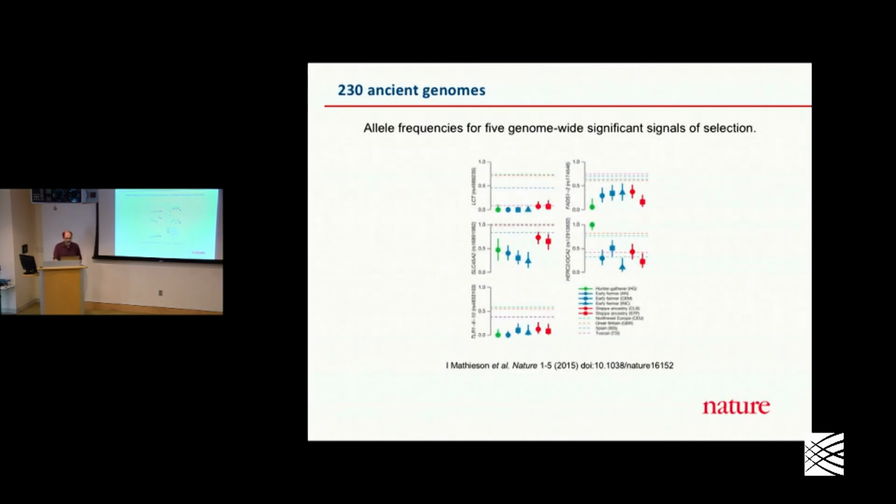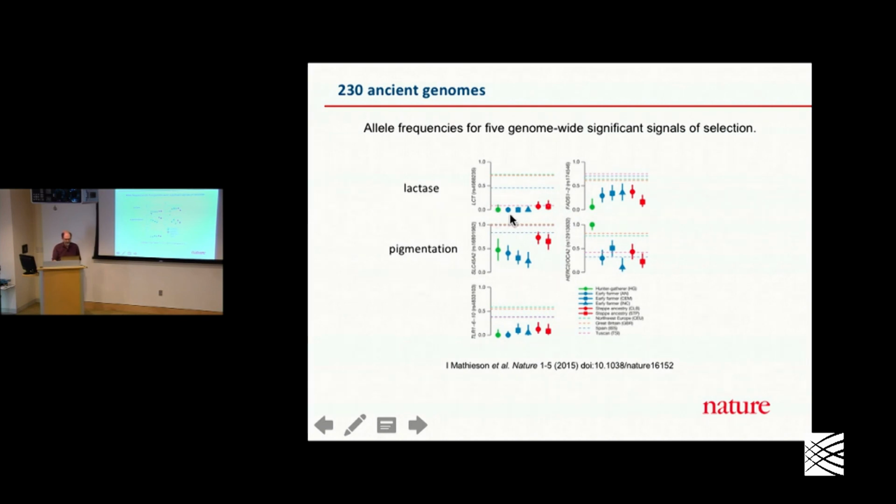This is from a study from David Reich's group, looking at 230 ancient genomes, of the order of thousands to 10,000 years ago, roughly, from Europe and Western Asia. And these are just examples of particular alleles that have been implicated as having been under selection, looking at different groups, different populations.